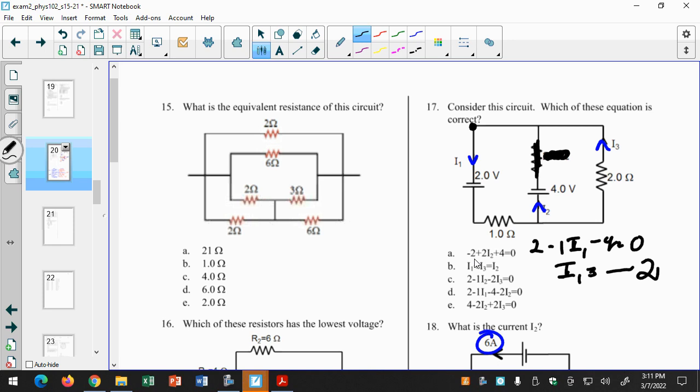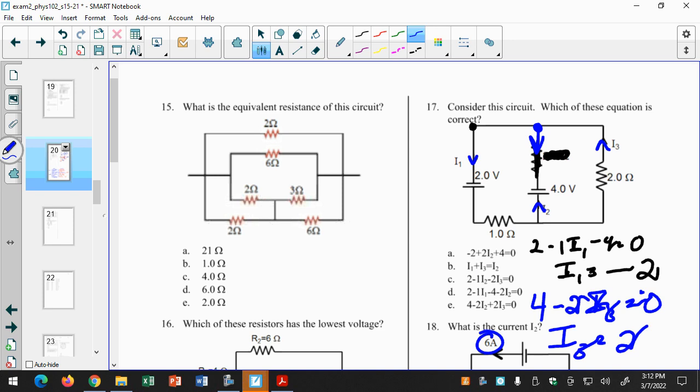Okay, and then I'm going to write an equation for the right loop. Let's start right here, and I'll go down in that direction. That's going to be 4 minus 2 I3. Sorry, my pen is not working right for some reason. That's equal to 0, so I3 is equal to 2, right?